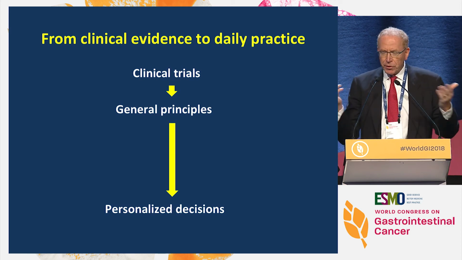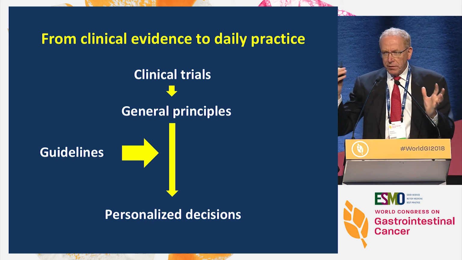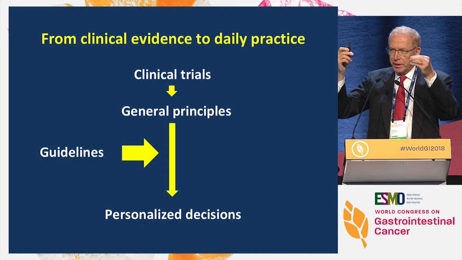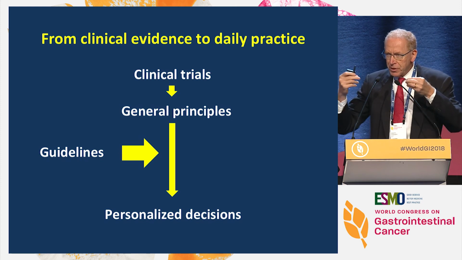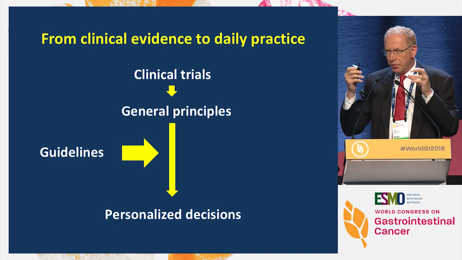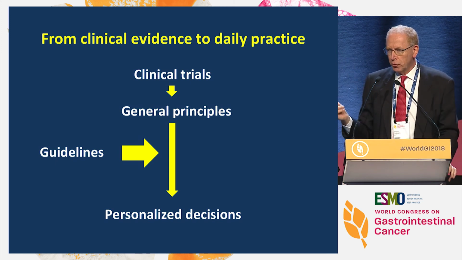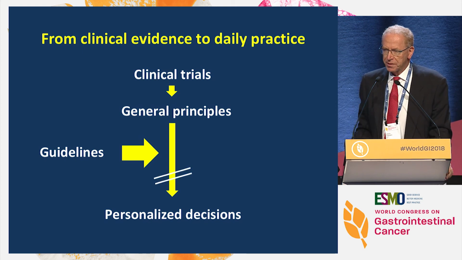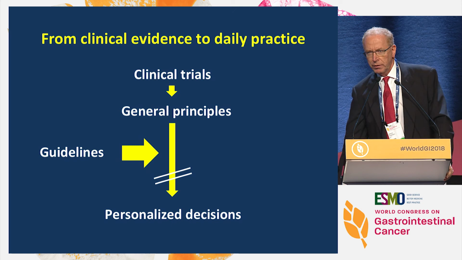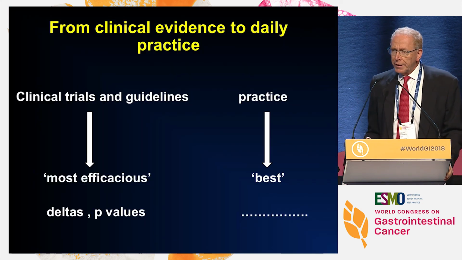So people get together and put together general principles derived from several clinical trials, and they generate guidelines. But again, guidelines refer to that condition, mostly referred to a tumor-related principle. So again, the arrow should go down like kilometers. Why?